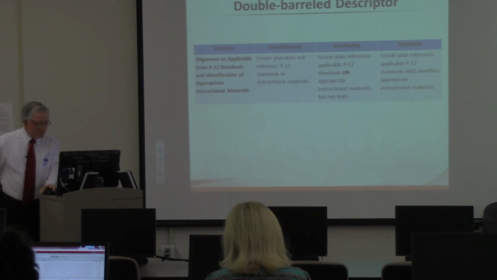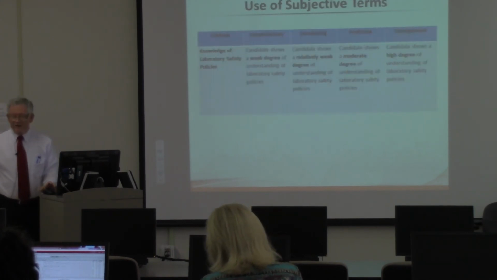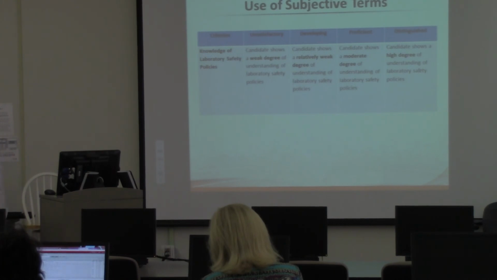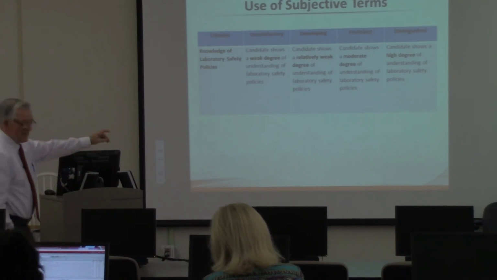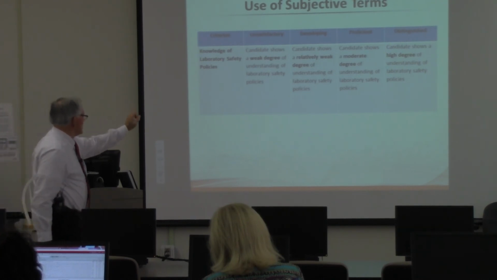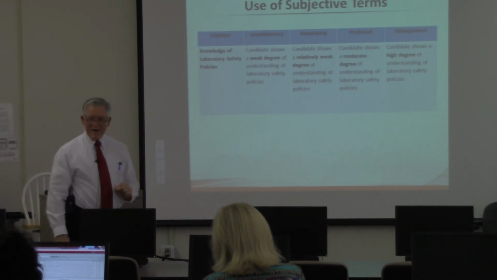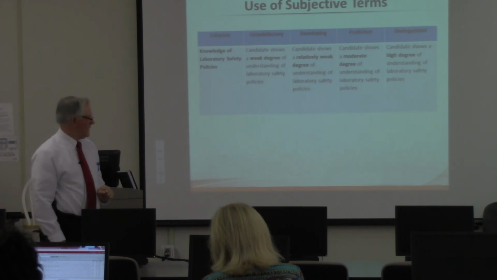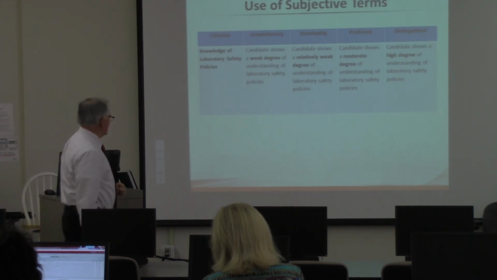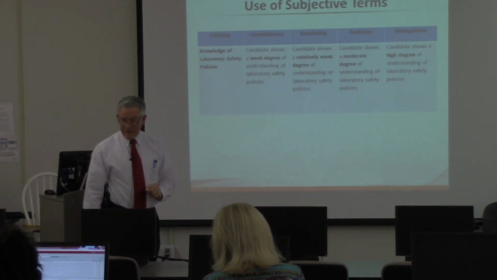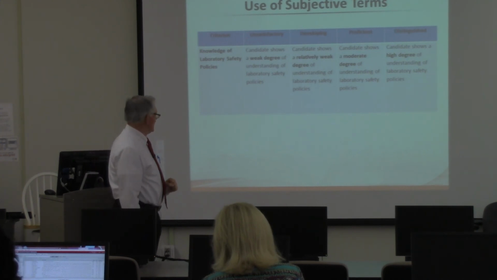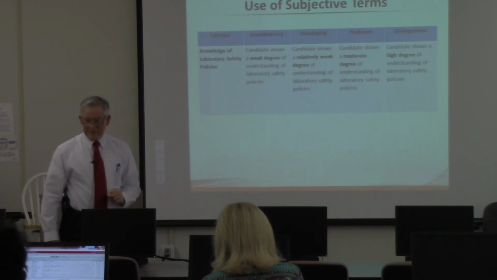Double barrel descriptors, again, use of subjective terms. This is really, oh boy, old Tom here is bad about this. Unsatisfactory. Candidate shows a weak degree of understanding. Candidate shows a relatively weak degree of understanding. Candidate shows a moderate degree.